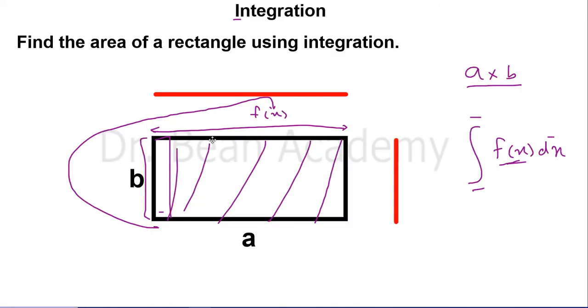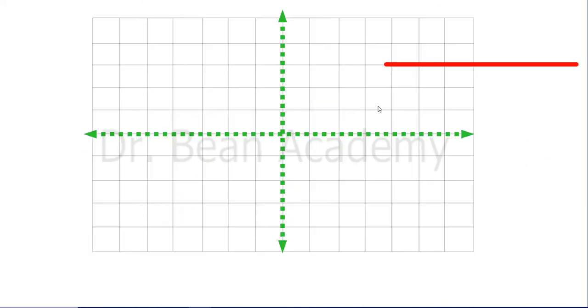So here I have this line, the length of this line is a, and the width of this rectangle is b. So it means this line should be at a certain height b, because this width is b, right? So if I have this coordinate plane, that Cartesian plane, I can put it somewhere here, right?